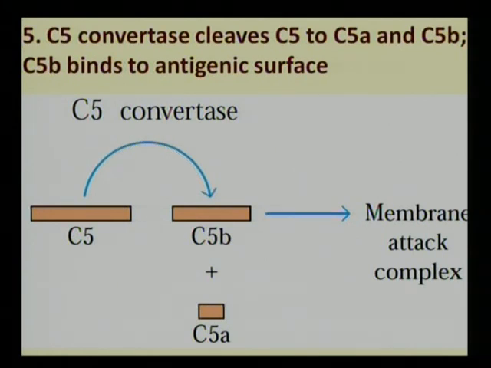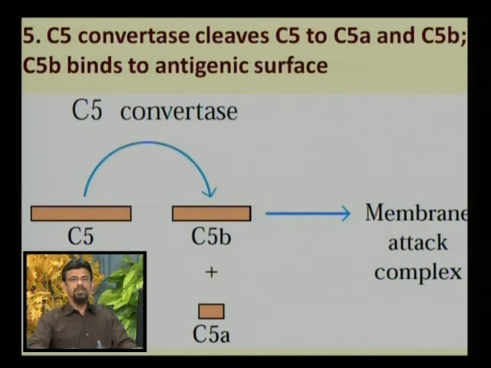So now C5 convertase, the complex which we saw in the previous slide, will cleave C5 into C5a and C5b, wherein the C5b will bind to the antigenic surface, initiating the membrane attack complex. So now both the pathways will converge into the membrane attack complex.